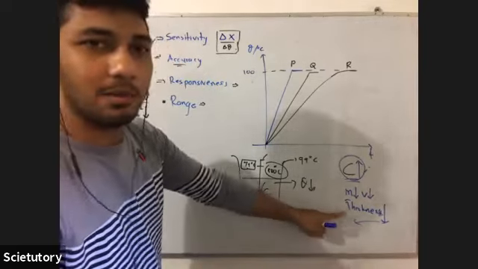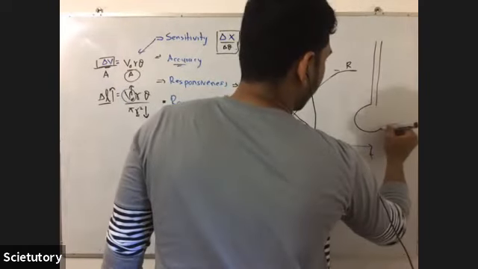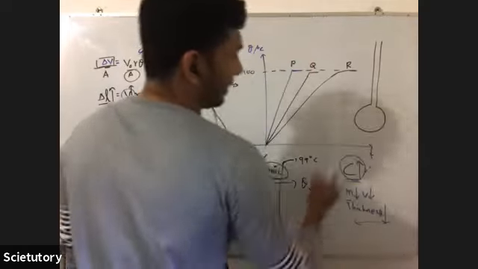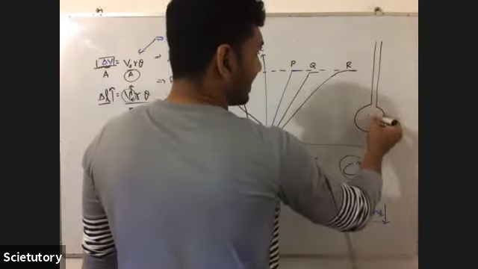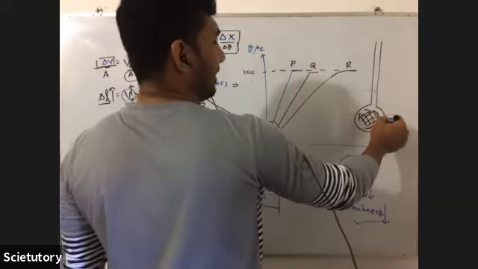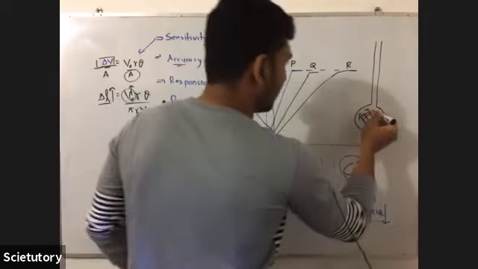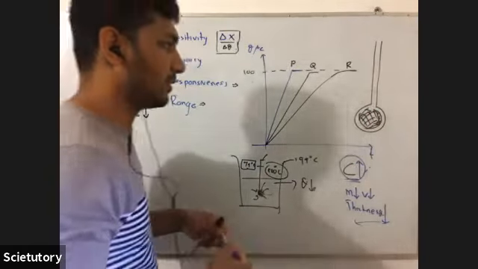Wall thickness of the bulb. So when you immerse the thermometer, it has mercury here. So the wall of the bulb will have a thickness, no?